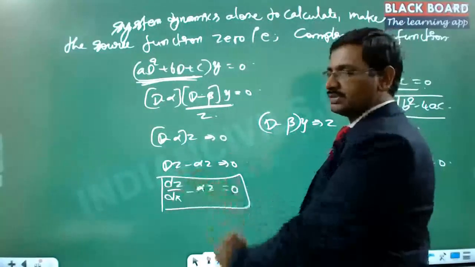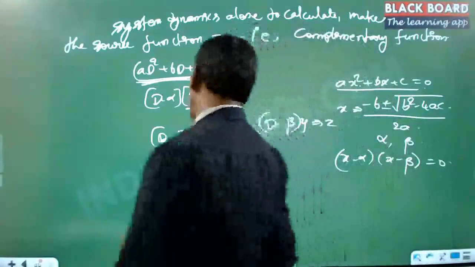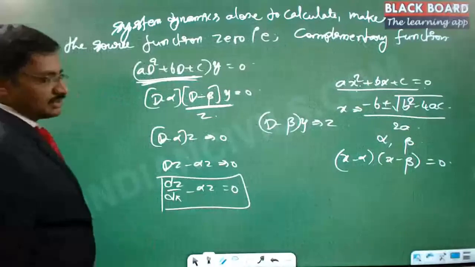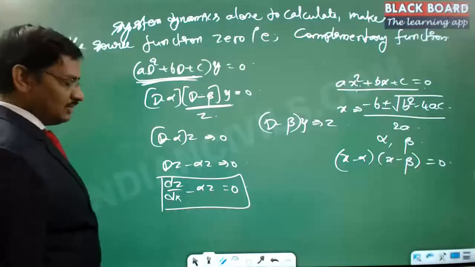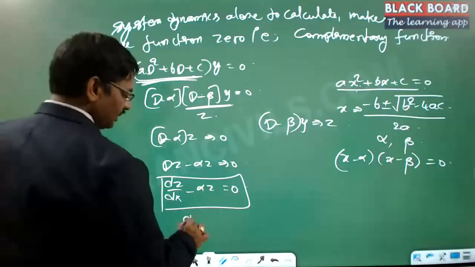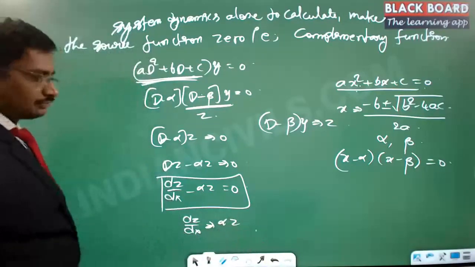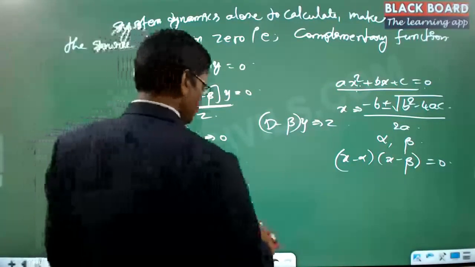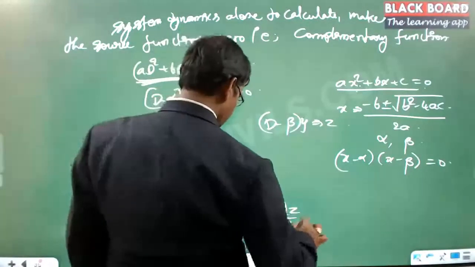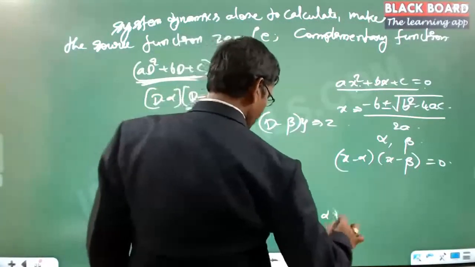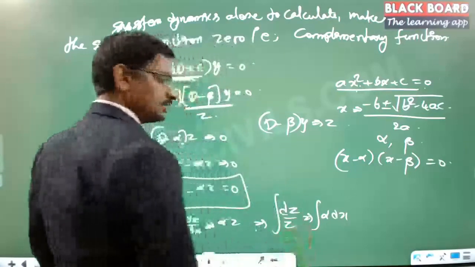I know how to solve this first order differential equation. You can use the Leibniz equation. Anyway, where the right side portion is 0, you can do it in a simpler way. So dz by dx is equal to alpha z, right? Or it implies dz by z is equal to alpha into dx. Then you can integrate on either side.